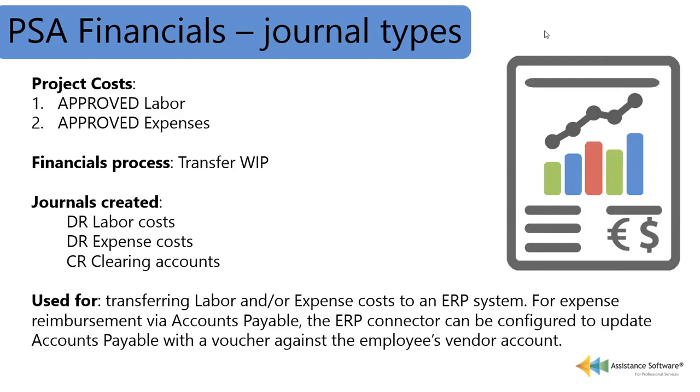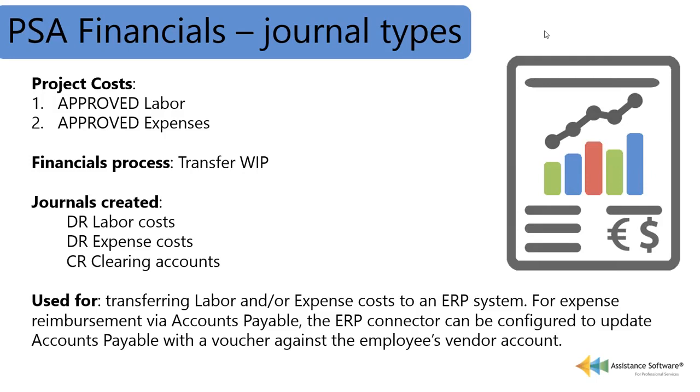Each of these data types have transaction types, which helps you determine from a connector standpoint which transactions you want to integrate with ERP. The process in PSA Financials that is used to create these ERP costs of labor and expenses is called the transfer WIP process.